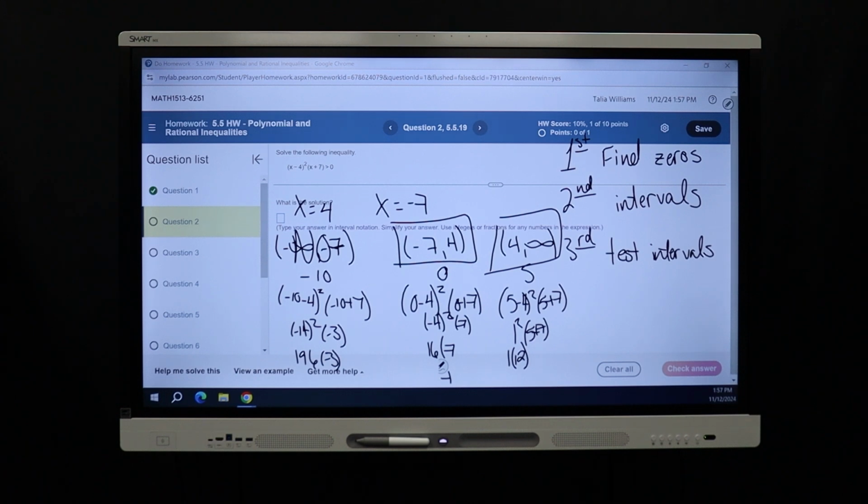Type your answer in interval notation, simplify. So, -7 to 4.